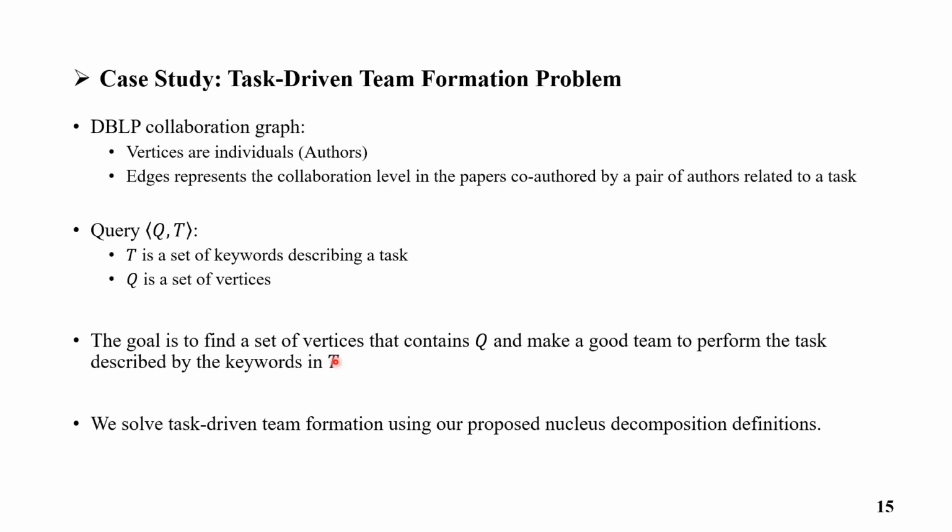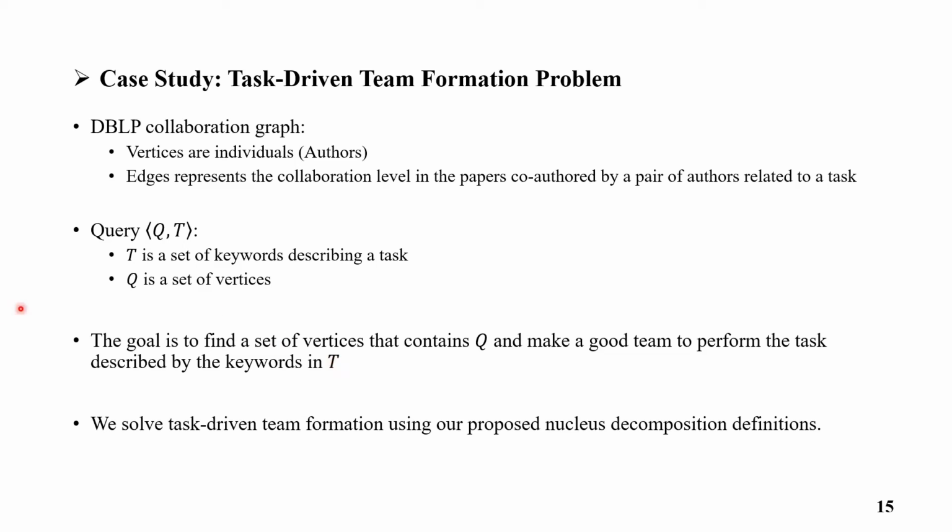Another case study that we considered is the task-driven team formation problem. We consider the DBLP collaboration network. Vertices are authors and edges represent the collaboration level in the papers co-authored by a pair of authors related to a given task.